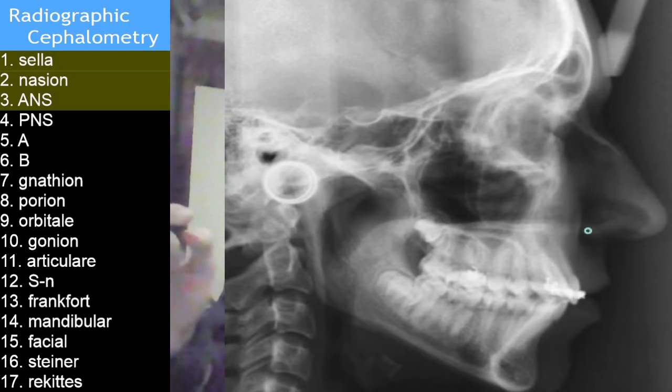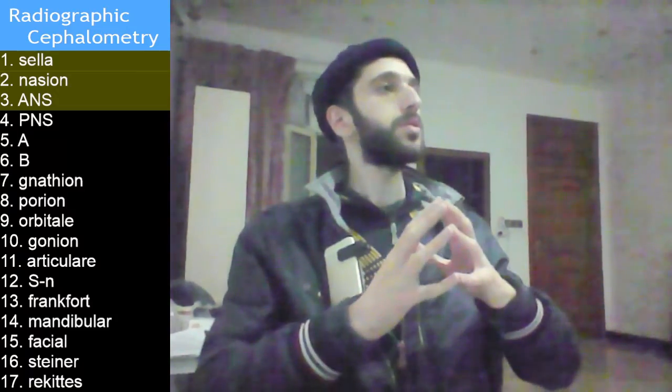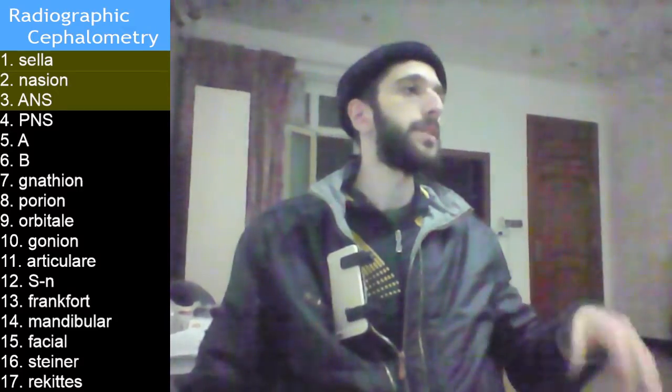Next, we have the anterior nasal spine. I will read the definition. It is the most anterior point of the nasal floor, the tip of the maxilla on the sagittal plane.